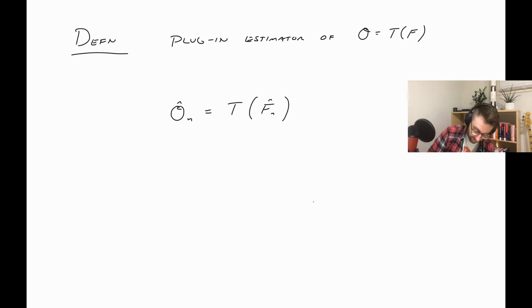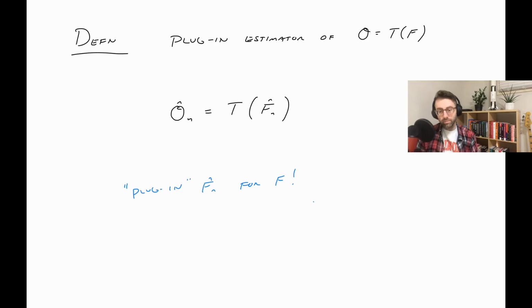In other words, you will plug in f hat for f. So basically, we reduce the problem of estimating any function of a distribution to just first estimating the distribution. Then we apply the plugin estimator, and then we're done.